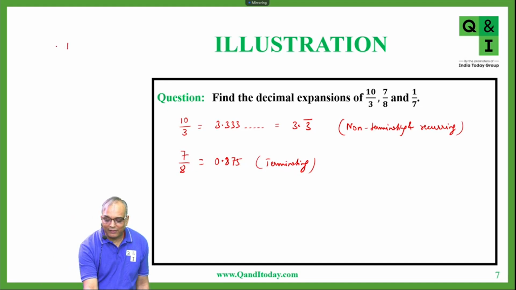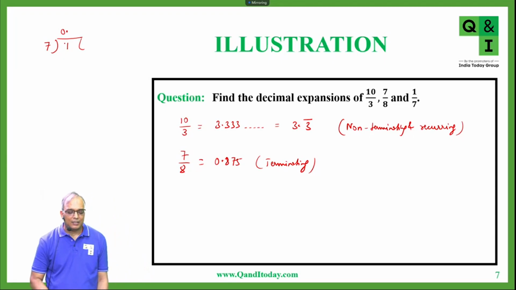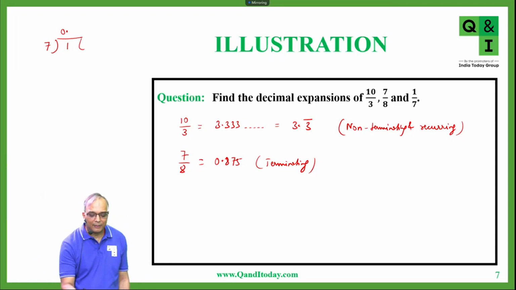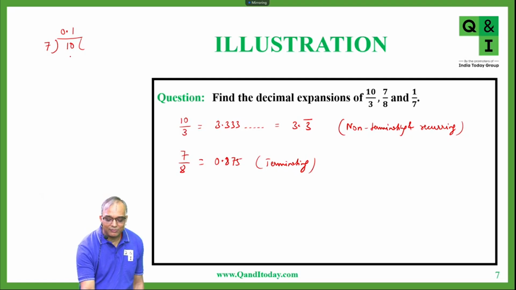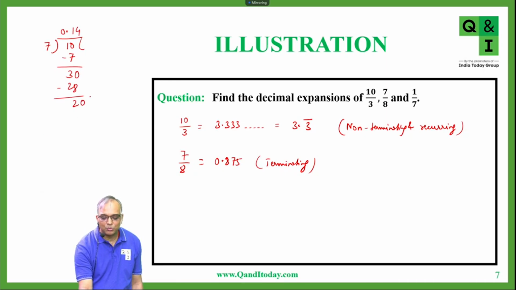So when you divide 1 by 7, again this is a proper fraction, so you will put a decimal point there. So you will have 10. So 7 times 1 is 7. You will have remainder as 3, 30. 7 times 4 is 28. Remainder is 2, 20. 7 times 2 is 14.